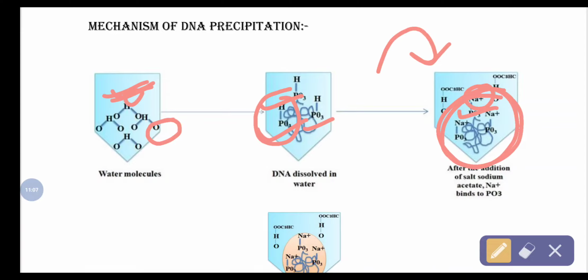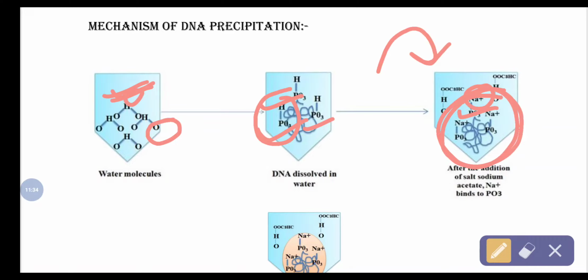So the whole precipitation process is based upon this dielectric constant. So please understand this well, because if you don't understand how the dielectric constant works, you will not be able to understand how the DNA is getting precipitated. Okay, so what happens, your water has a higher dielectric constant.